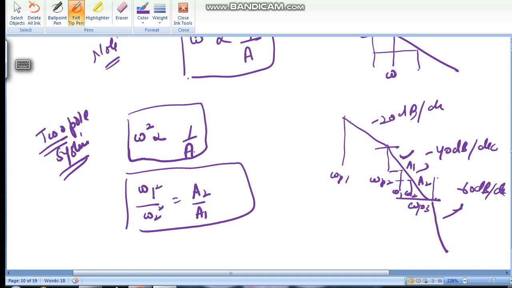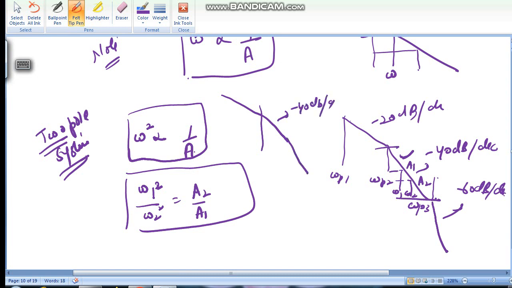Omega square is inversely proportional to gain. So when there is a roll off of minus 40 dB per decade, it holds for that much region only. So this is minus 20, this is minus 40, this is minus 40 dB per decade.